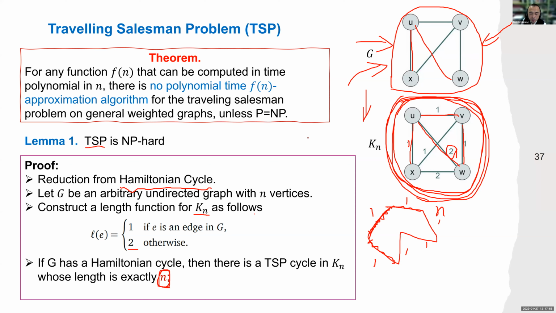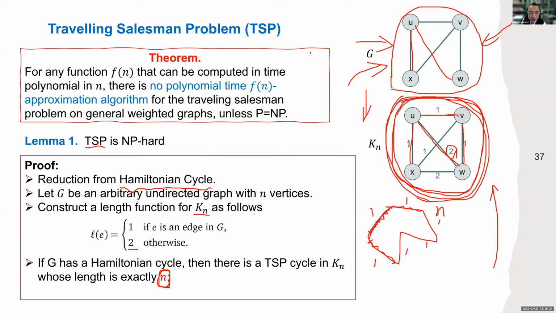Now, you can also map it back. You say, okay, if I can find a solution for TSP with length n, that means every edge is 1, and then it could map back to the original instance, saying that in that instance, you have a Hamiltonian cycle. Yeah, so Ziao, you are right.